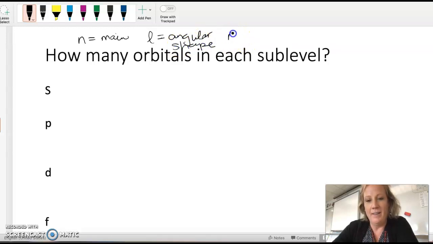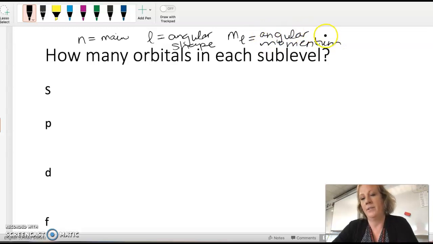And then we have m sub l, the magnetic quantum number, and that's the one that tells us how many orientations it has.